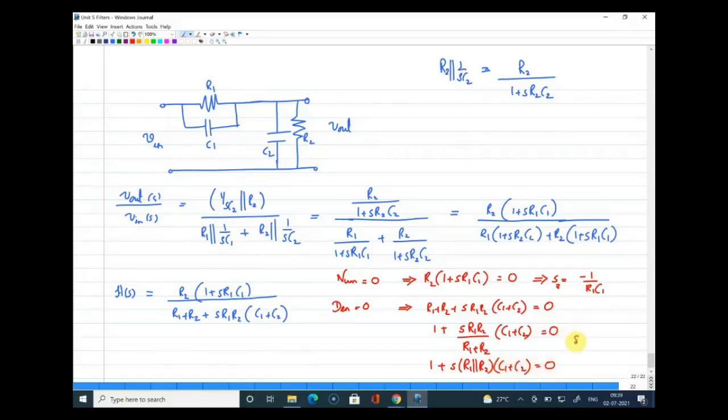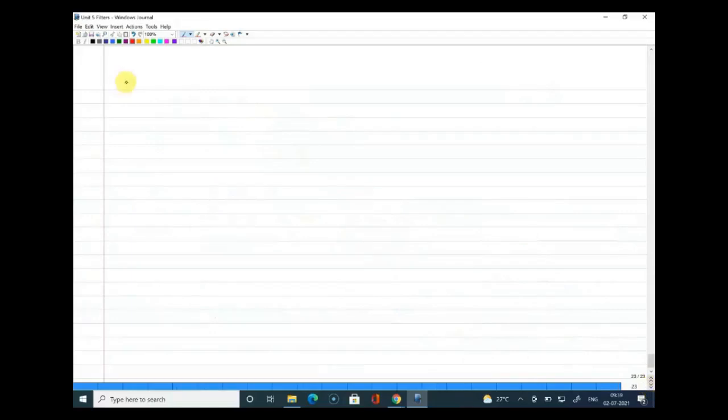That means I'll get another frequency here, which is equal to minus 1 by R1 parallel R2 into C1 plus C2. I hope this is clear. All right, so if I rewrite this here as zero frequency, I can write it as minus 1 by R1C1, and pole frequency can be written as minus 1 by R1 parallel R2 into C1 plus C2.